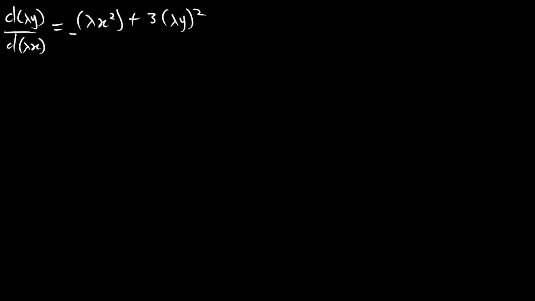So we have lambda y on lambda x equal to lambda x squared plus 3 lambda y squared, everything on lambda x squared minus lambda x lambda y plus lambda y squared.